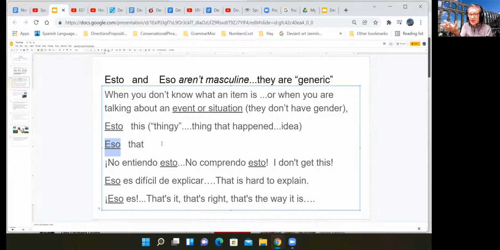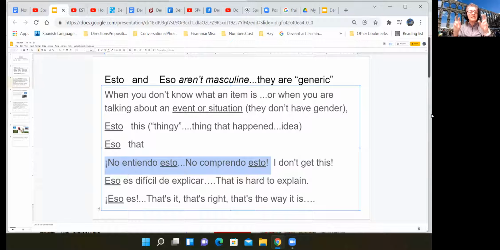And I don't really know the word for that thing, so I just use eso in a very generic way. Or that thing that happened. Eso can even refer to an event.